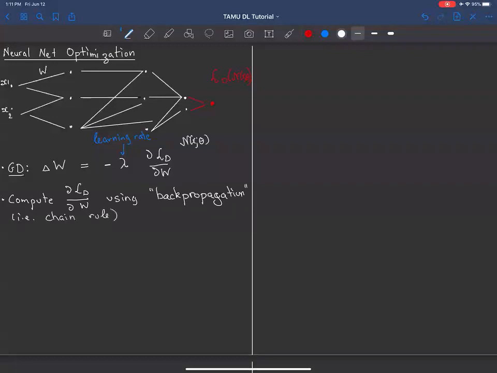I'm not going to write out the formulas, but to compute the derivative of the loss with respect to this weight, we compute the derivative of the loss with respect to the outputs of the network, then the derivative of the outputs with respect to the last hidden layer, and we recursively peel back the layers of the network until we get back to the weight W. There's a numerically efficient way of computing all of these derivatives, called backprop.